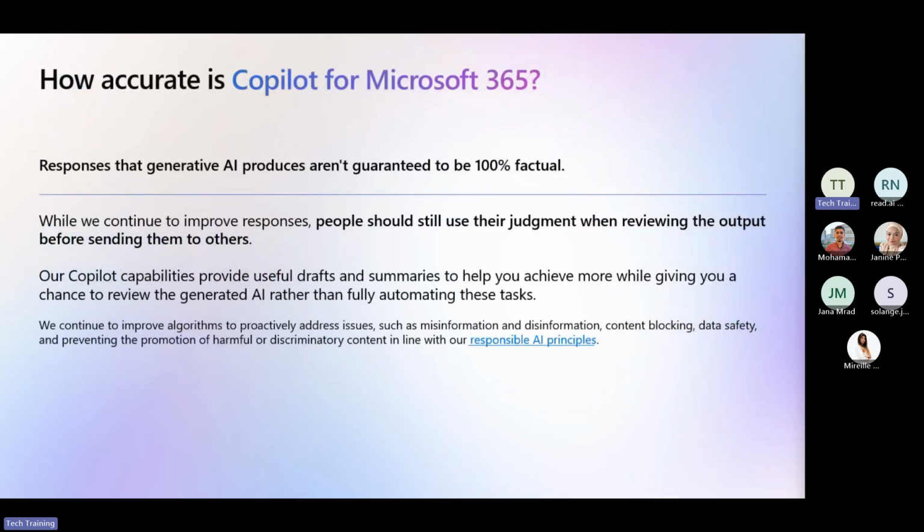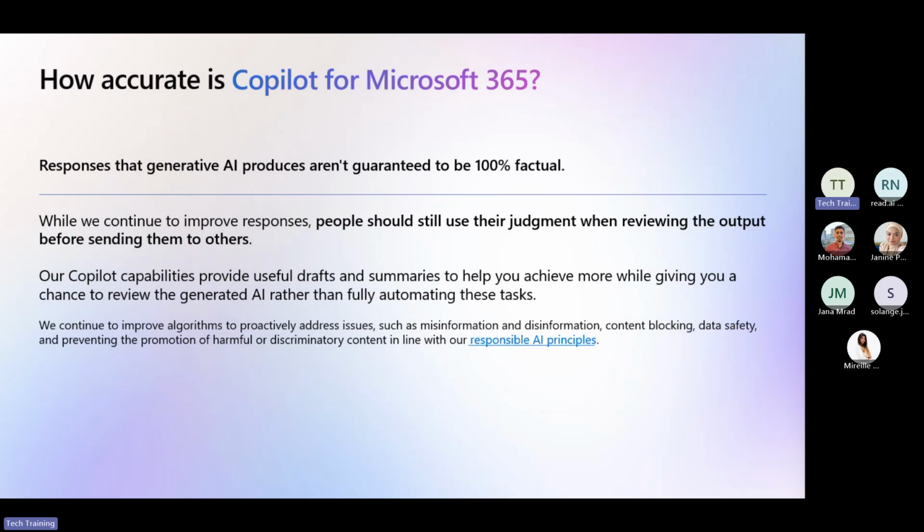How accurate is Copilot for Microsoft 365? This is something very important because accuracy is a main factor within getting answers, because whenever we are using the Copilot or the ChatGPT or whatever solutions coming from AI solutions or from AI organization, we should make sure that we are as accurate as we can.